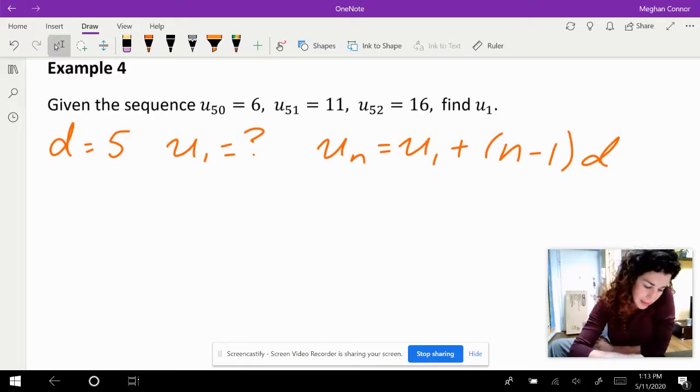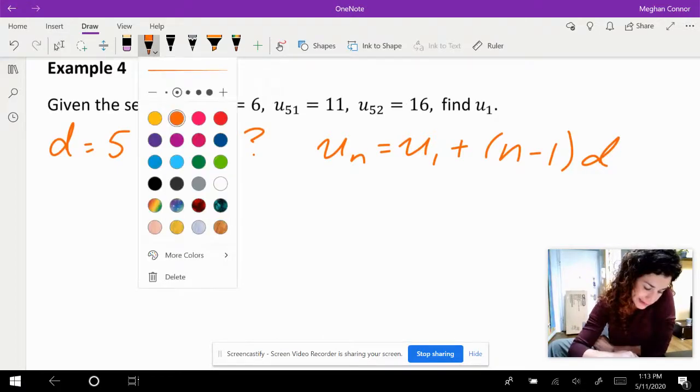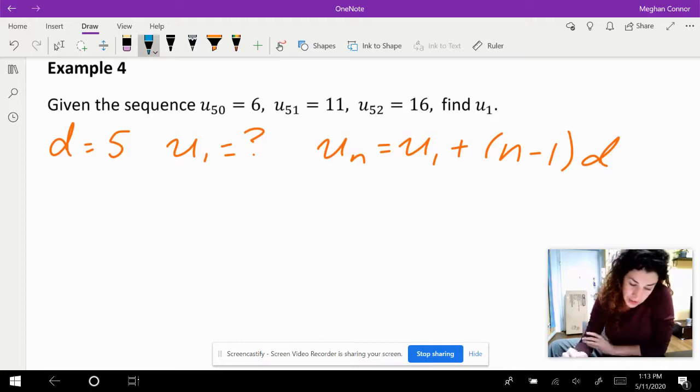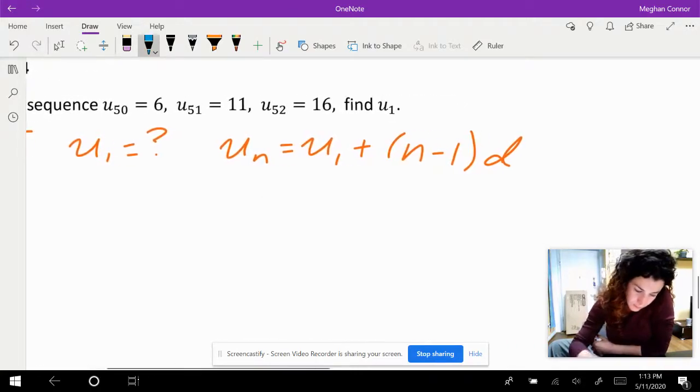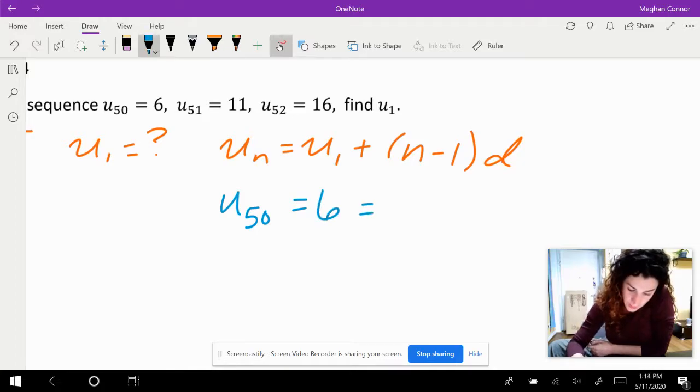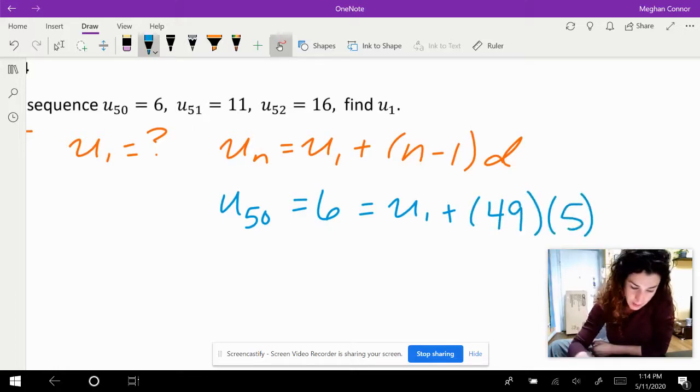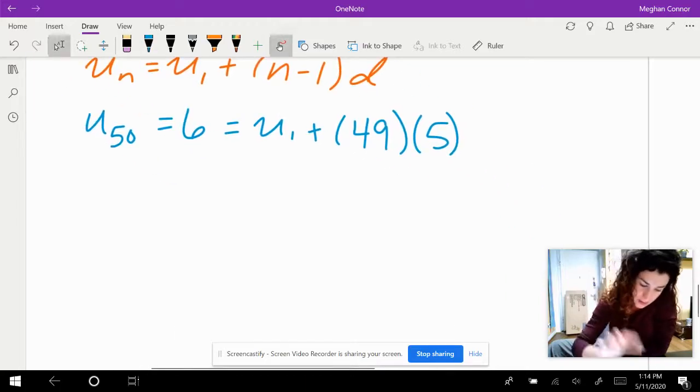U sub n, let's do u sub 50. U sub 50, which is 6, is equal to u sub 1, which we don't know, plus 50 minus 1, so 49, times 5, our common difference.